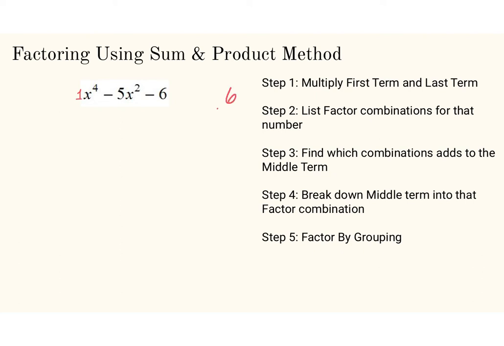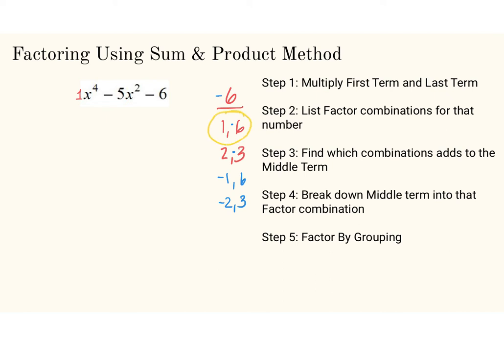We want to list factors of 6. So 1 and 6, 2 and 3. And our goal is to get a negative 6, so that means one of the numbers has to be negative. So it can also be -1, +6, -2, +3. And then you want to identify which of those terms adds up to the middle term. So which one adds up to give me -5?